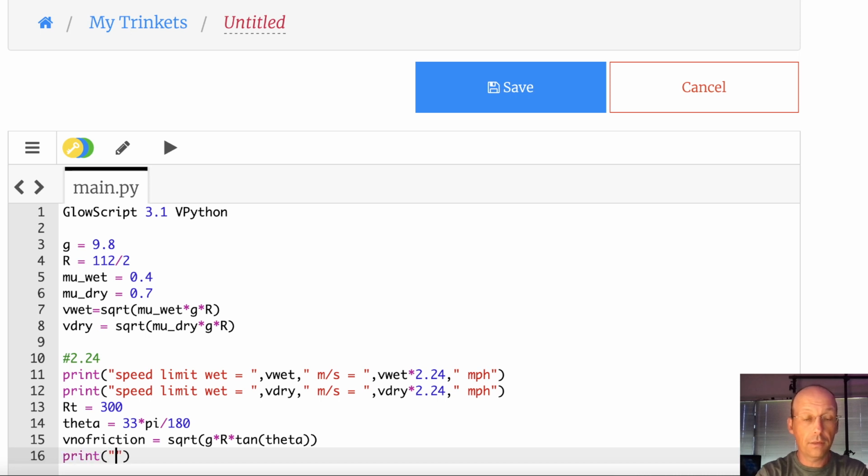Print no friction speed equals v no friction, in meters per second, equals v no friction times 2.24 miles per hour.